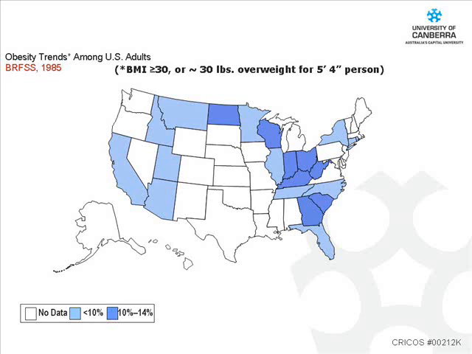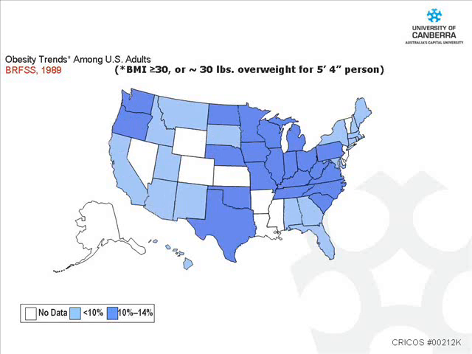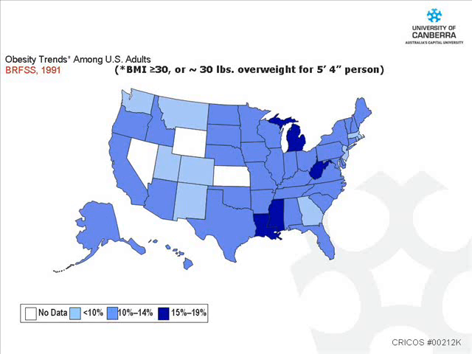And if you have a look at the colours and how they change, in 1986 we see a few more of the states are coloured in, so we've actually got some data. And you'll notice we're starting to change colour as well. We're going from less than 10% of the population being obese to somewhere between 10 and 14% of the population being obese, and that data is changing over only a 3-year period.